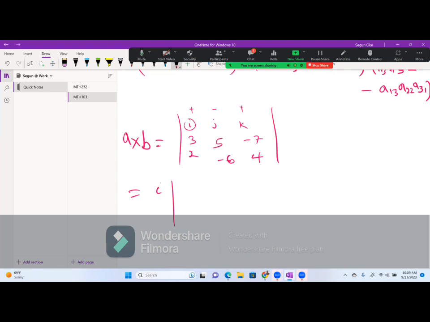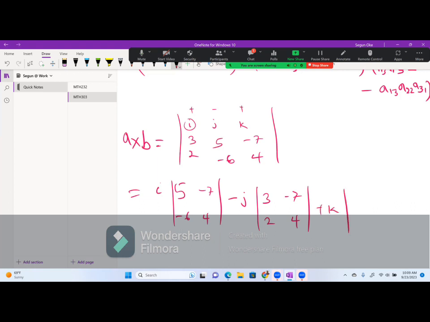The column will also be paralyzed. Remain what? 5, minus 6, minus 7, 4. Then minus j, because j is multiplied by negative. So we have what? This cancel, this cancel. I have 3, minus 7, 2, 4.